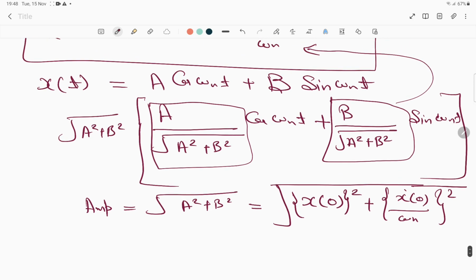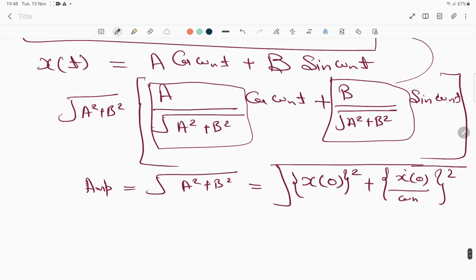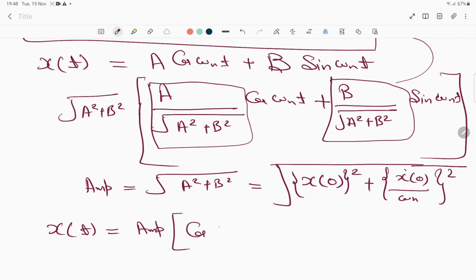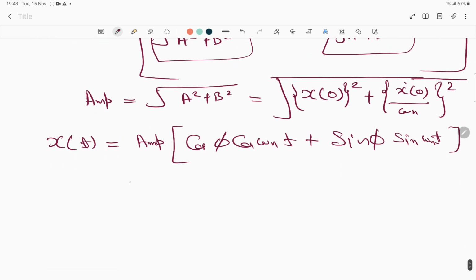And if I assume that amplitude, then this entire thing can be simply written as follows. The first term, a by root a square plus b square, I can write as cos phi, and the second as sine phi. So I can write x of t is equal to amp, that is amplitude, times cos phi cos omega nt plus sine phi sine omega nt, which I can write as amplitude into cos of omega nt minus phi.